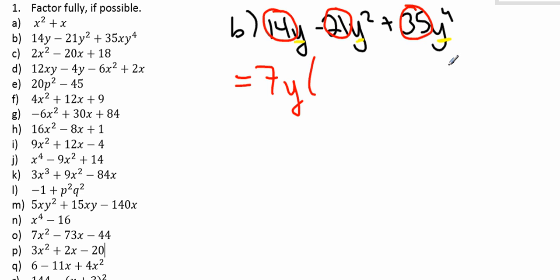And then let's see what will be left over. 14 divided by 7 is 2, and I factored that y. Negative 21 divided by 7 is negative 3. I factored one of the y's, so I need that other y represented. 35 divided by 7 is 5. This was y to the 4. I factored one of them, so I need 3 more y.